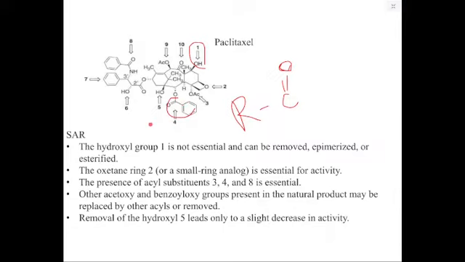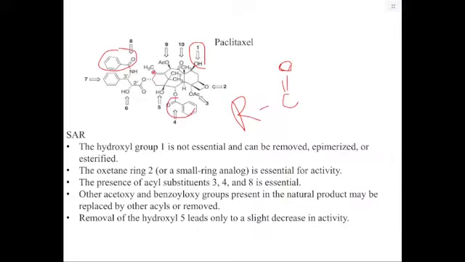At position 8, again, we have a phenoxyl substituent, which is also an acyl substituent. So we are saying the acyl substituents at positions 3, 4, and 8 are necessary for activity.